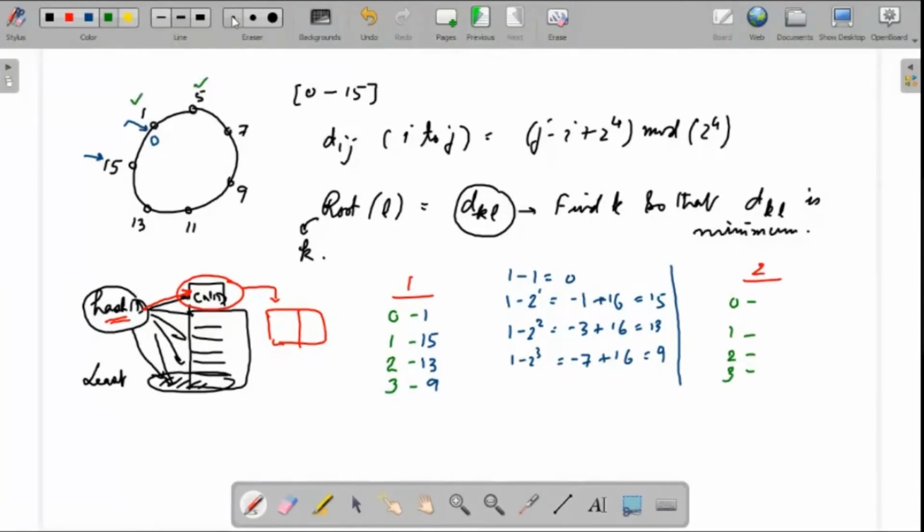So I should write 5 here. For 5, when I am going to write the entries, after this I am going to write down all the entries which are there. So for 5, it will be 5 minus 1, which is 4. So 5 will be the entry which will exist here. 5 minus 2 is 3.